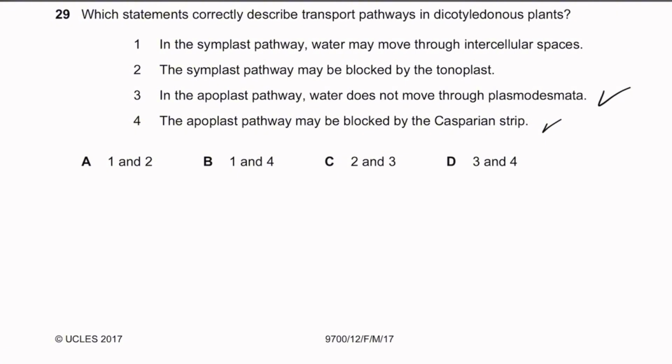Now the tonoplast does not block the symplast pathway, and also intercellular spaces are dead. They're not really living parts of the cell, and therefore it's not really symplast. And so we can cross out 1 and 2 and choose 3 and 4.